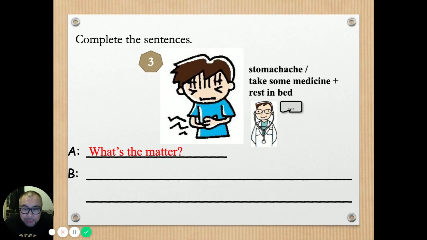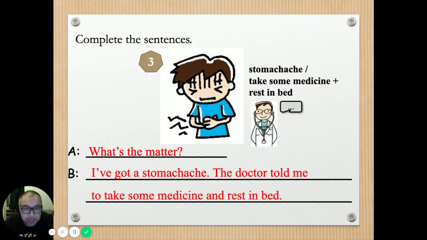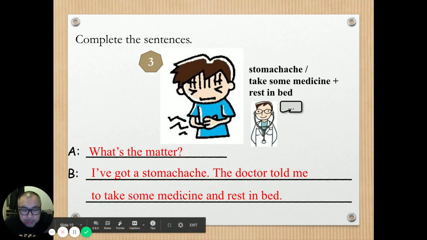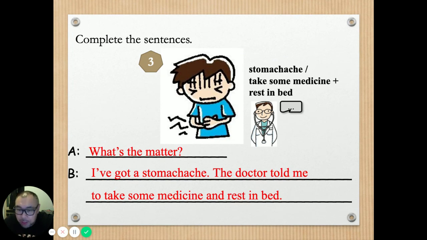Yes, I've got a stomachache. The doctor told me to take some medicine and rest in bed. Always use told and to, and make sure that's the past tense. The present tense of told is tell, of course. Tell, past tense, told.